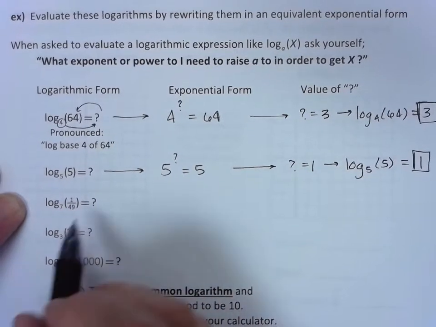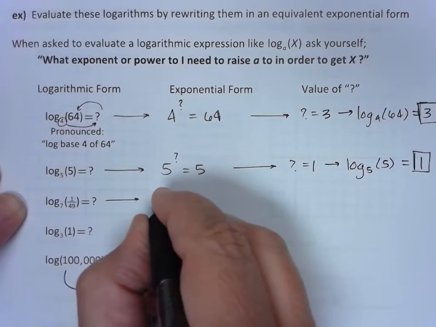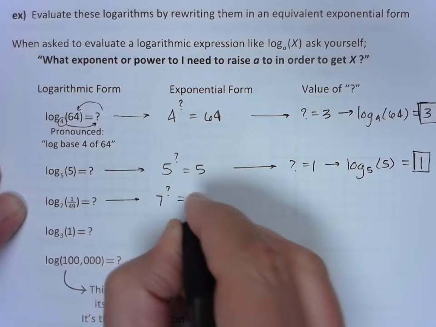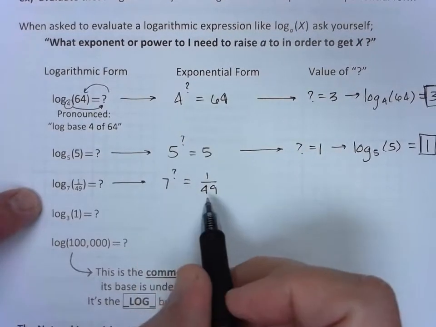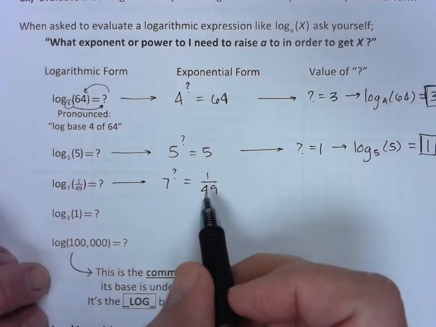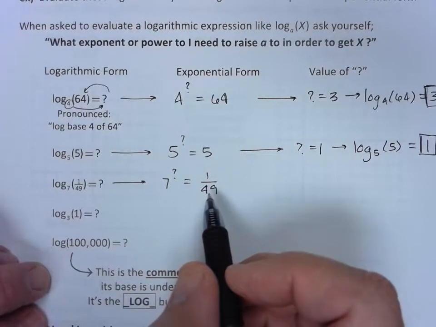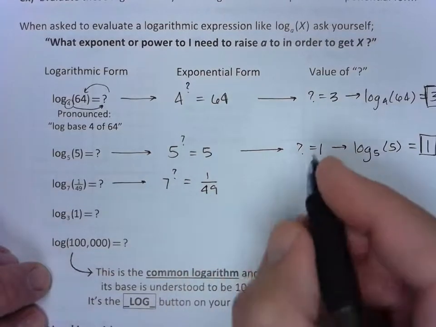All right. This next one, I'd write this as 7 raised to what power gives me 1 over 49. Well, I know 7 squared is 49, but to get the 1 over, you need to remember the full range of all the exponents you've worked with in the past. In order to get the reciprocal, you need a negative exponent.